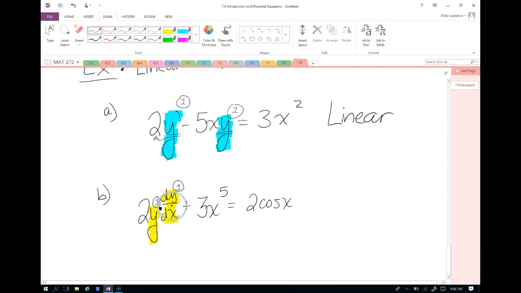Now, even though we don't have y times y, we have y times dy/dx. dy/dx is a form of our dependent variable. So any multiplication between different forms of our dependent variable would deem it nonlinear, like we have in this case. So because I've got y times dy/dx, this one is nonlinear.